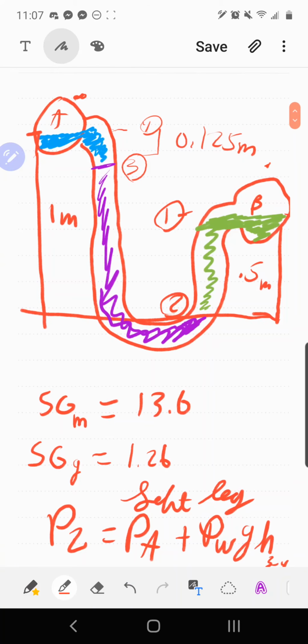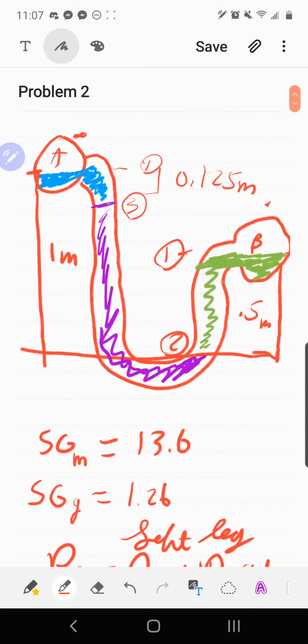H of 1 minus 2 for this one will be this height here, 0.5 meters. Fortunately, it gives us all these heights. It's really convenient.